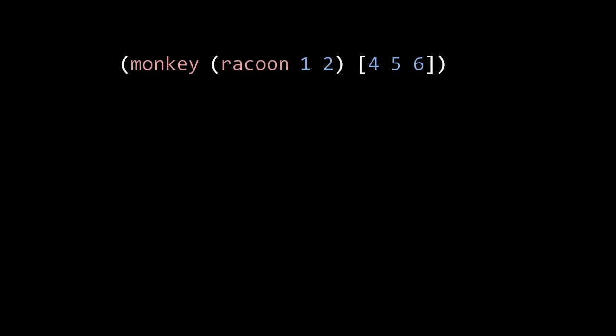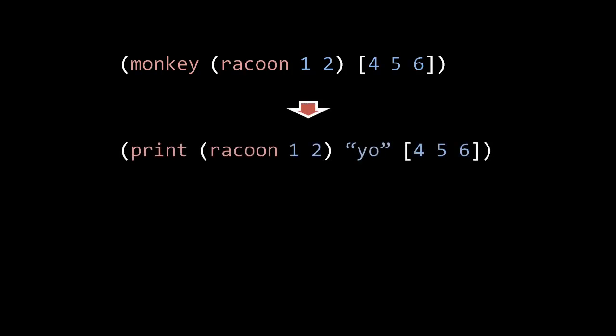So the macro executes with these arguments, and eventually it returns a value, and it's this value which gets put back in the reader data in place of where the macro call was. So if this is what the macro call transforms into, then what happened is it returned a list, starting with the symbol print, and then another list, the list that was passed in, and then a string saying yo, and then the other argument that was passed in.